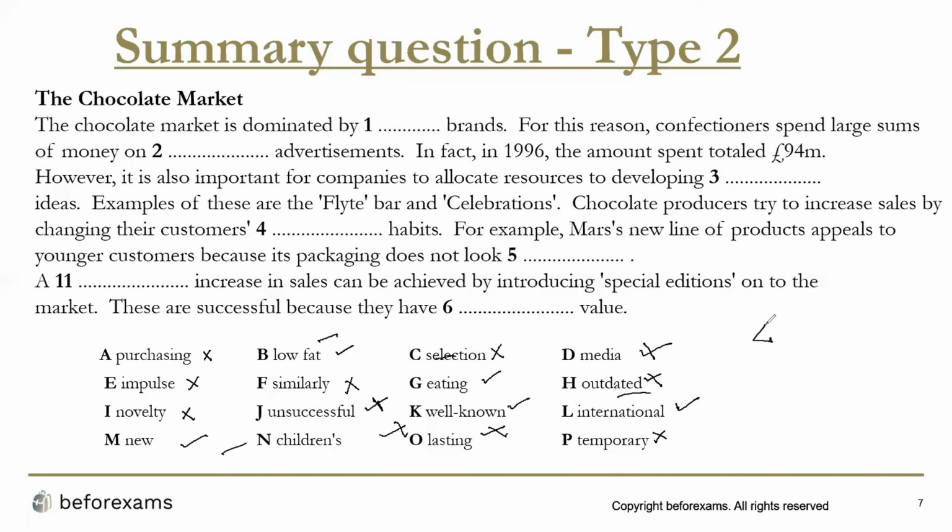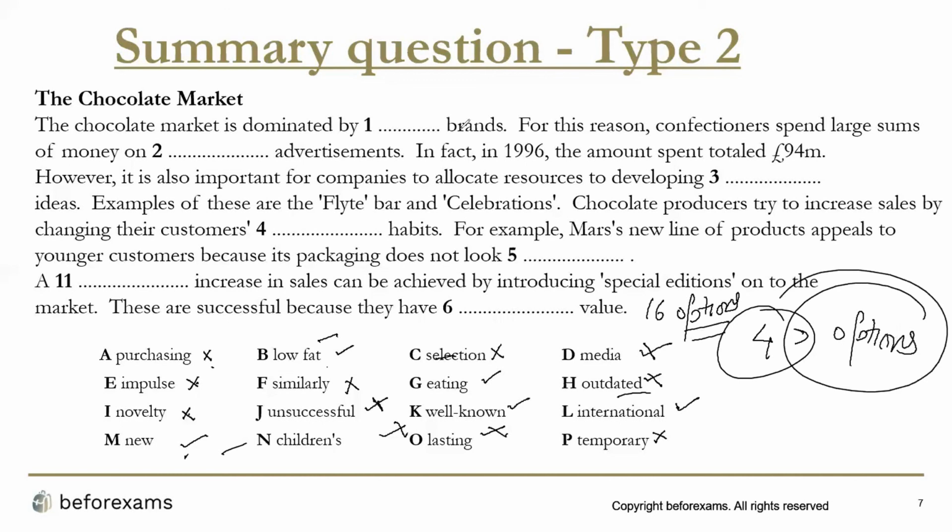Out of 16 options, we were easily able to zero it down to 4 options. So this is how you can zero it down to 2 to 3 or 4 options. And now it will be very easy for you to find the answers, because now you just need to look for these keywords.